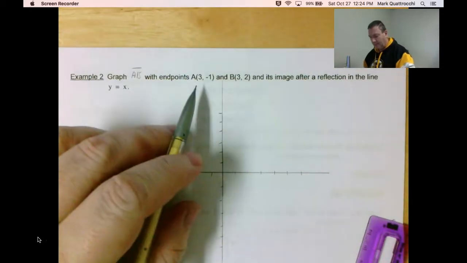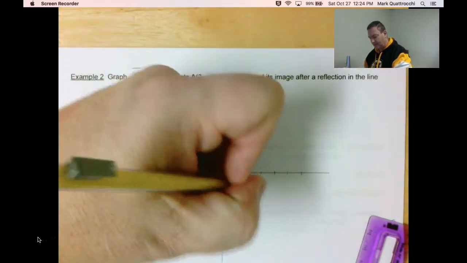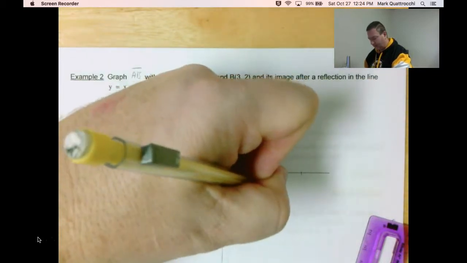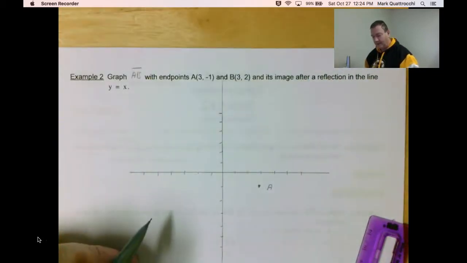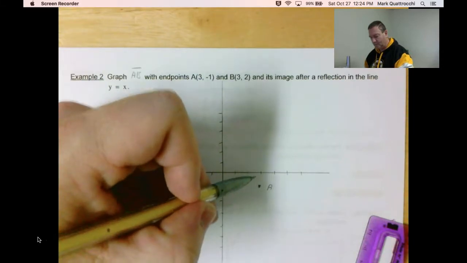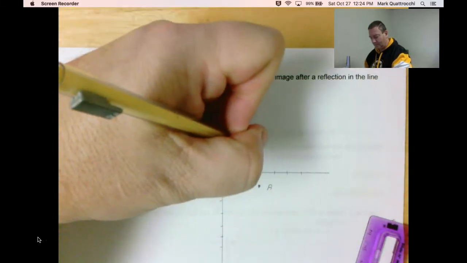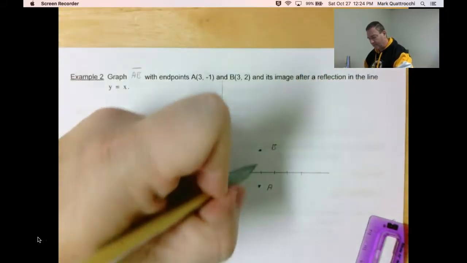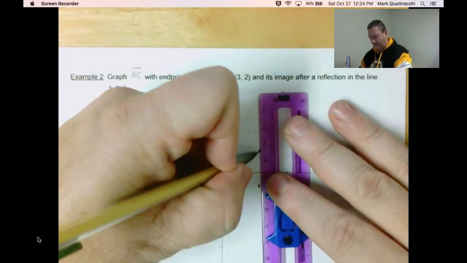Okay. Point A is at (3, -1). So there's point A. Point B is at (3, 2). There's point B. And here's segment AB.